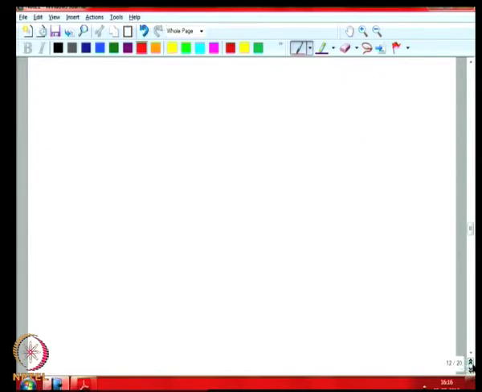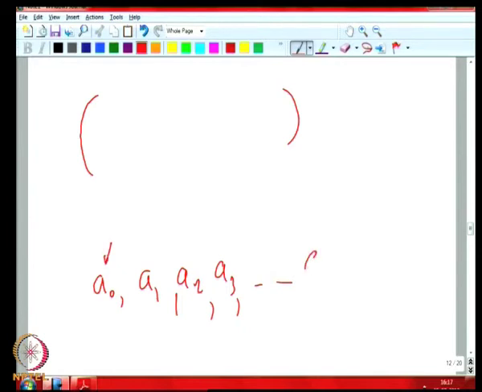Now, to solve this, we say we have a sequence of numbers, say A0, A1, A2, A3 etc. AI will correspond to the number of signals that can be made, provided you are using I flags in the signal, right.